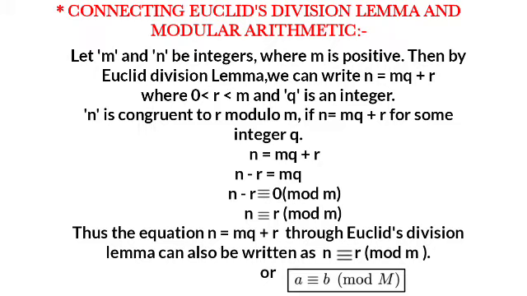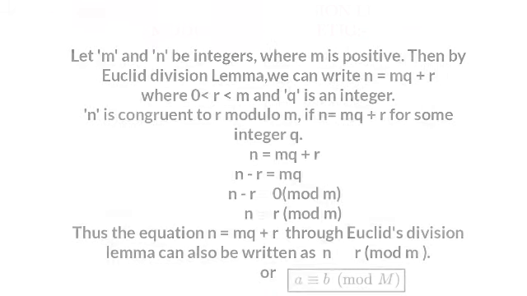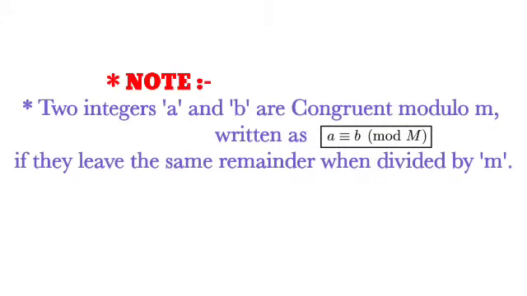Remember this equation. The final statement: two integers a and b are congruent modulo m, a ≡ b mod m, if they leave the same remainder when divided by m.